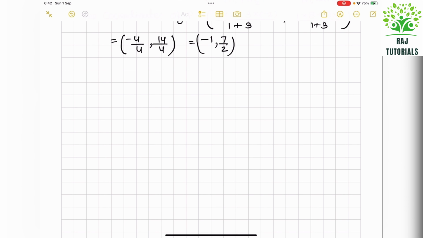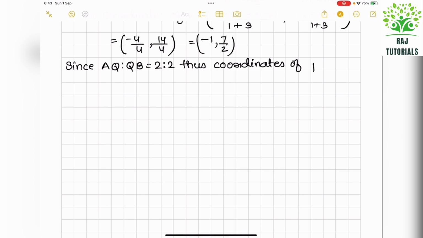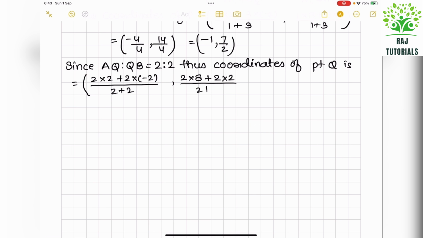Now same way, since AQ is to QB equal to 2 is to 2, thus coordinates of Q point is equal to (2 into 2 plus 2 into minus 2) by (2 plus 2) comma (2 into 8 plus 2 into 2) by (2 plus 2).